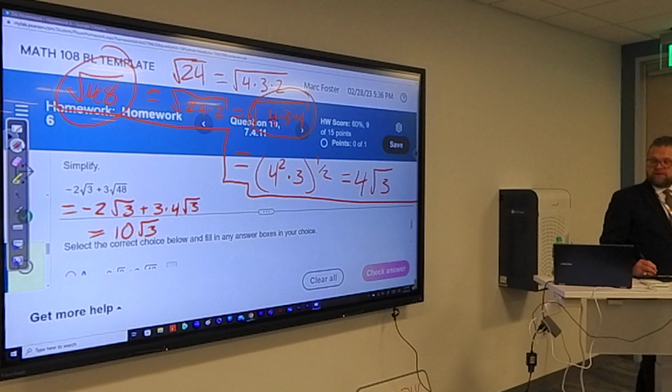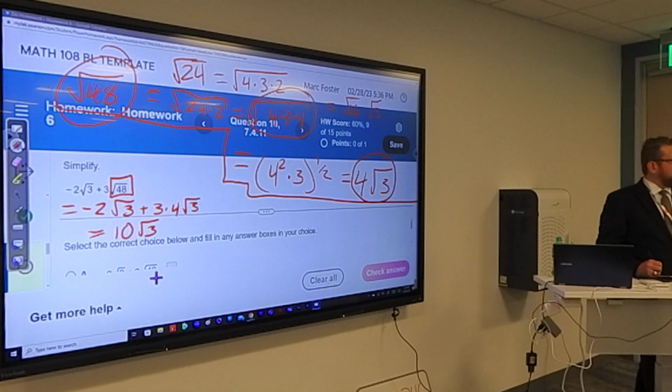It says the square root of 3 times 16. That's square root of 16 times square root of 3, which is 4 square root of 3. So this right here is that part.